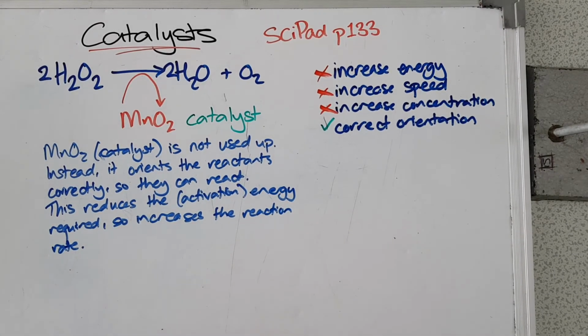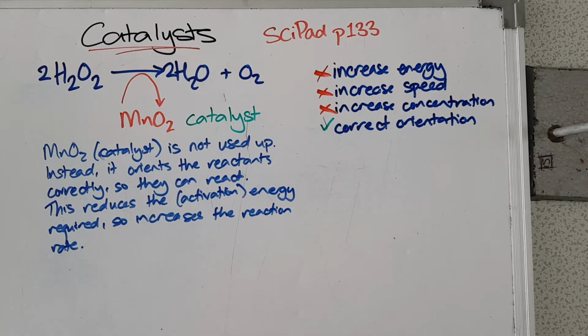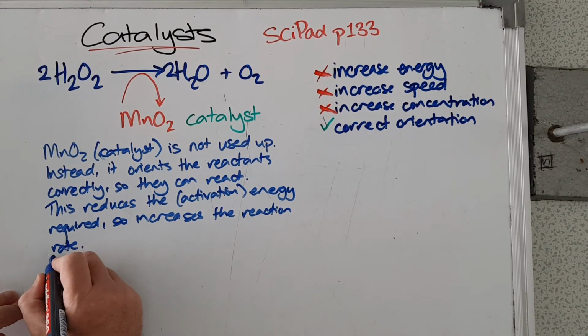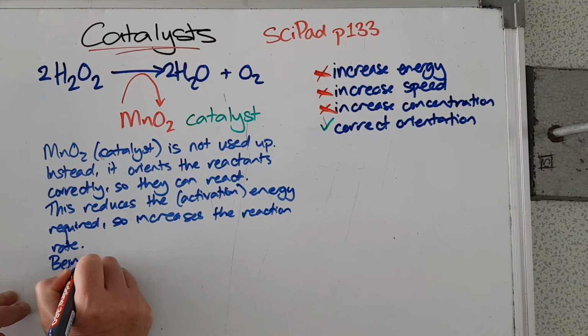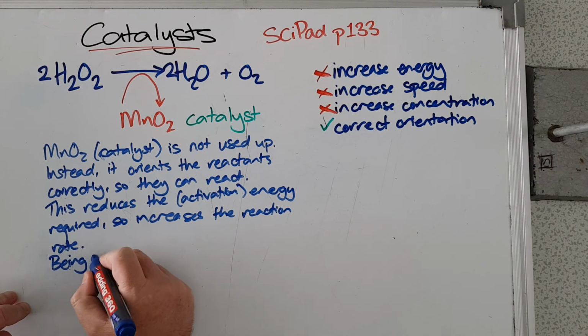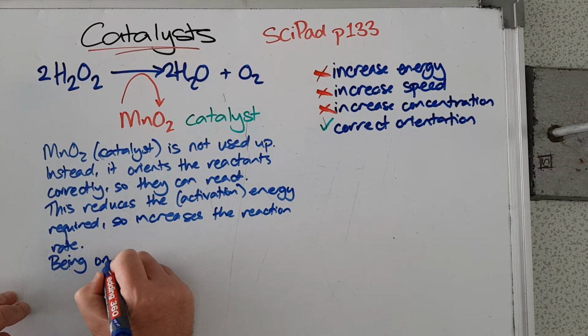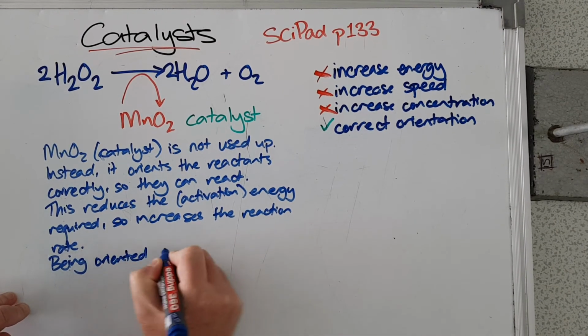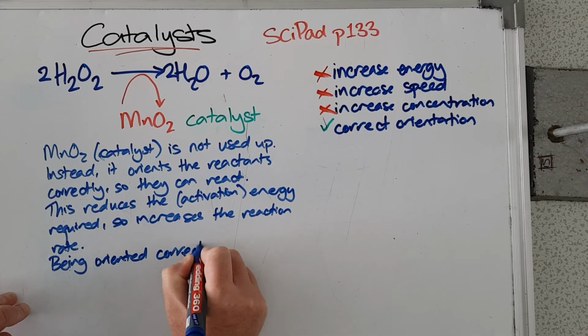It also means, if we're going to link to the collision theory, which we should be doing, that there is a higher probability or higher chance of the collisions between the particles being successful. So here we go.